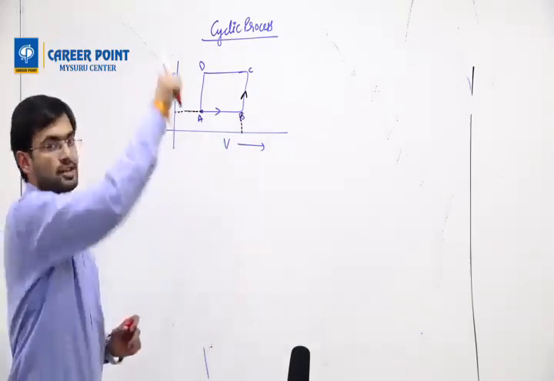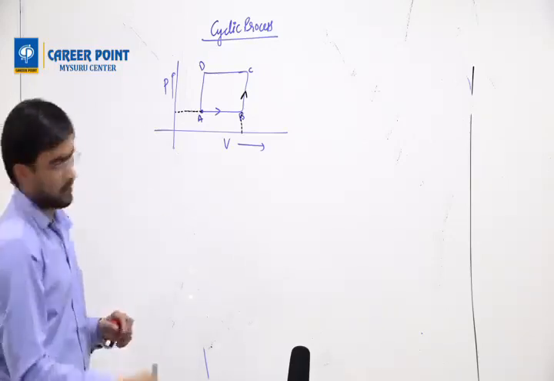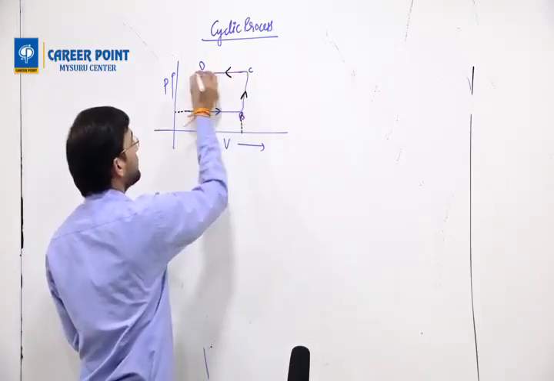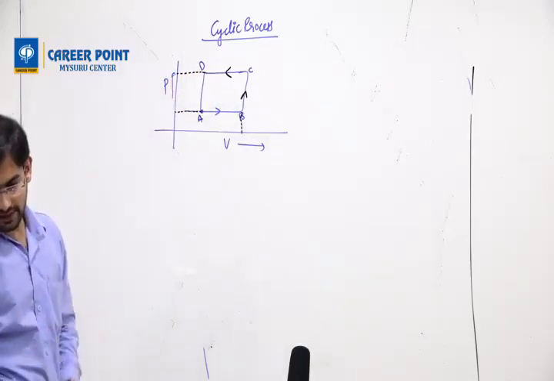At this line, volume is constant, so isochoric, right? Then C to D.